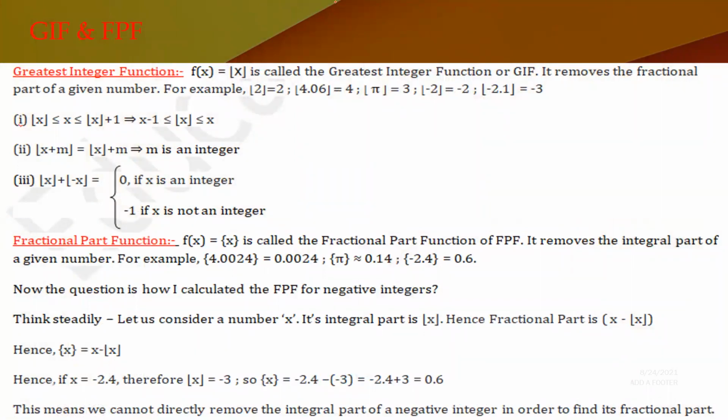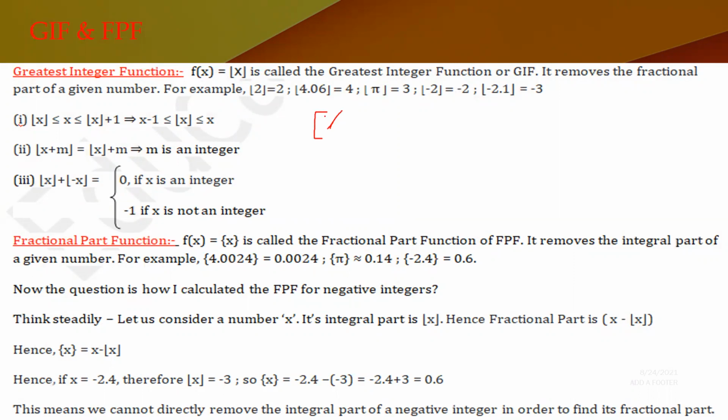Now let's move on to the most beautiful part of number theory, which is called GIF and FPA. So GIF is basically, we define number theories, we don't want decimals, we hate decimals. That's why we want integers. That's why we define this function which is called GIF of x.